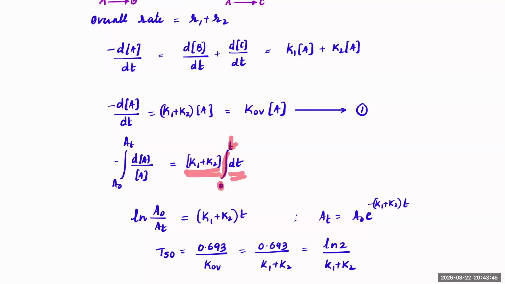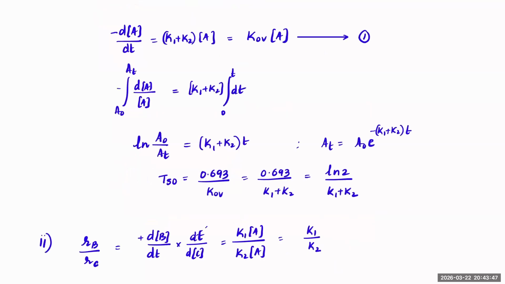Okay. And now notice, after integrating, it will be ln A0 by AT is equal to K1 plus K2 into T. Correct? I have compensated this minus by writing A0 above and AT below.